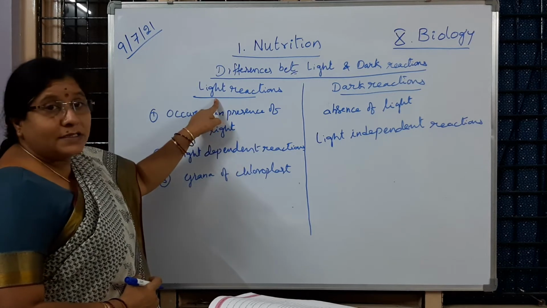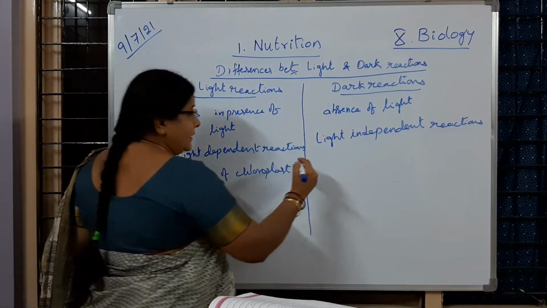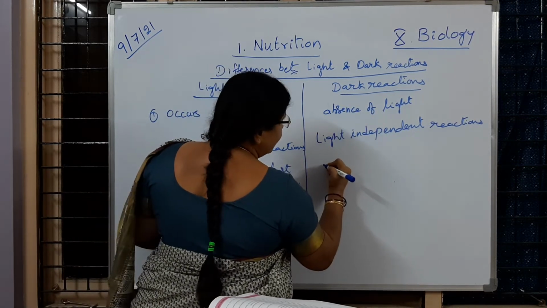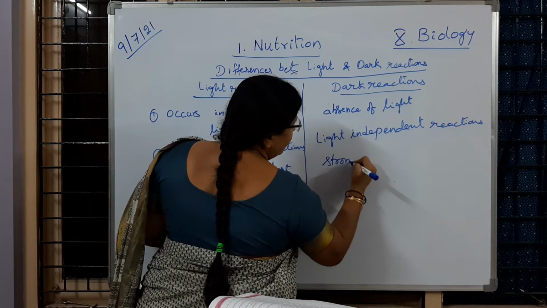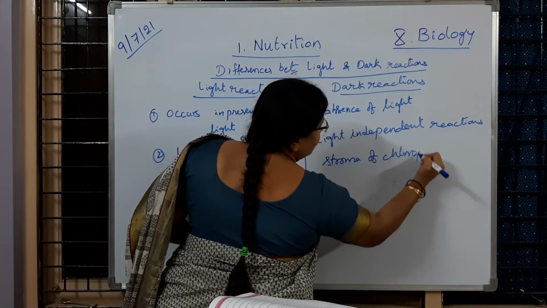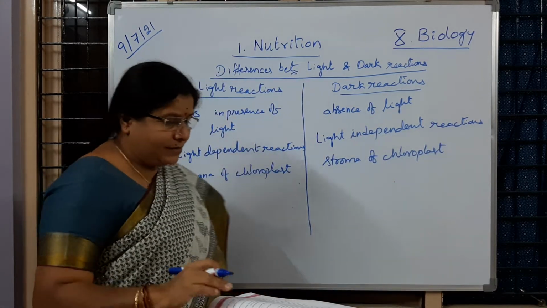So the light reactions happen in grana of chloroplast, and dark reactions happen in stroma of chloroplast. Is it clear to children?